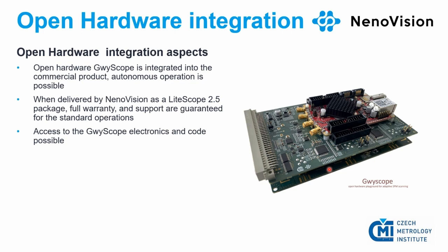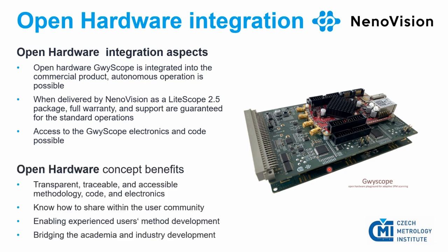Once we deliver the overall system with the LiteScope 2.5, you can be sure that all warranty and support is fully controlled by NanoVision, as long as you keep the standard operation. And also in this case, you have access to the LiteScope electronics, drawings, code, etc.